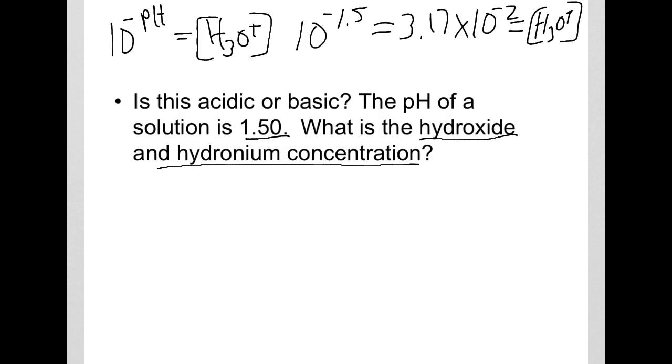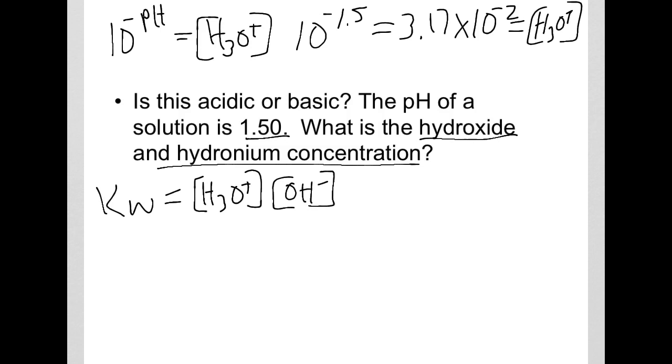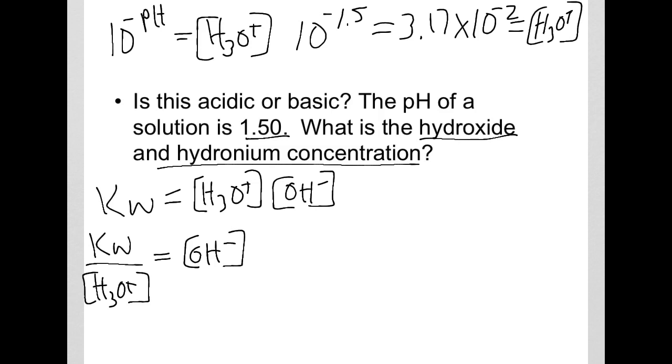Now we just use that product of water, Kw, to find the hydroxide. Kw divided by the hydronium. So you see we're using a lot of little bits over and over again in various situations.